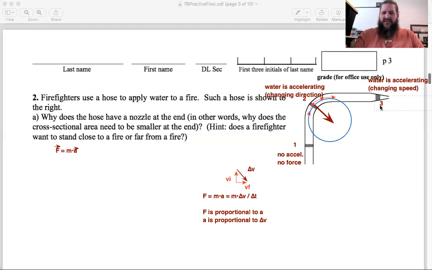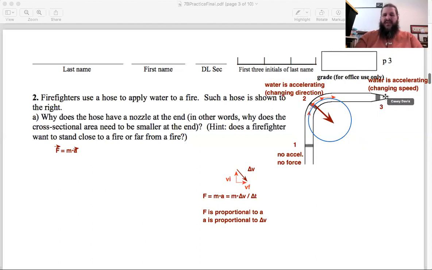And if it's getting faster and faster, which direction is that acceleration? If you've got an object, presumably the object is currently moving to the right, so its velocity is to the right now.